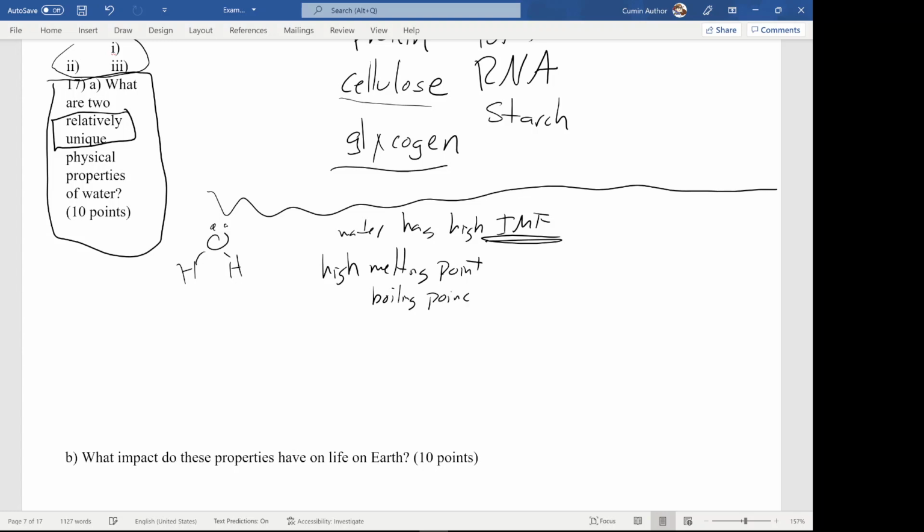Because if you look at something like propane, like what we had earlier, propane is actually larger in terms of raw mass than water, but it's a gas at room temperature, whereas water is a liquid. We have a high melting point, we have a high boiling point, it has good surface tension.